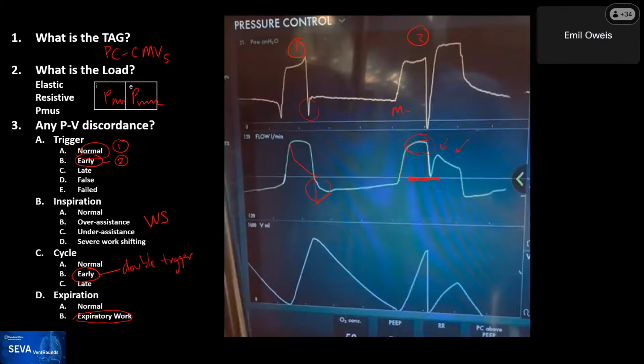Yes, because the initial part was the mechanical breath, the machine delivered breath, and then the PMUS activated very close to the end, and the patient started adding PMUS to that Pvent. So you have Pvent at the beginning, and then Pvent plus PMUS afterwards.